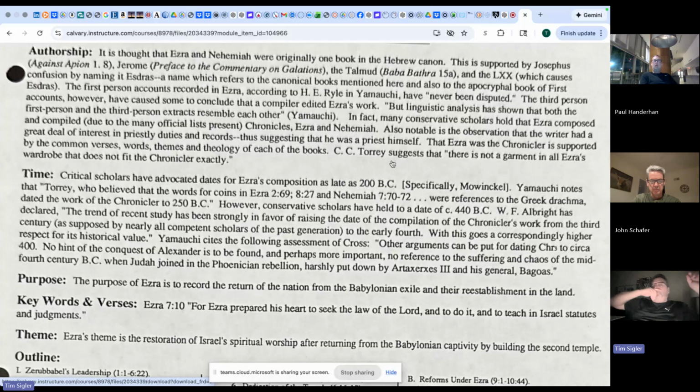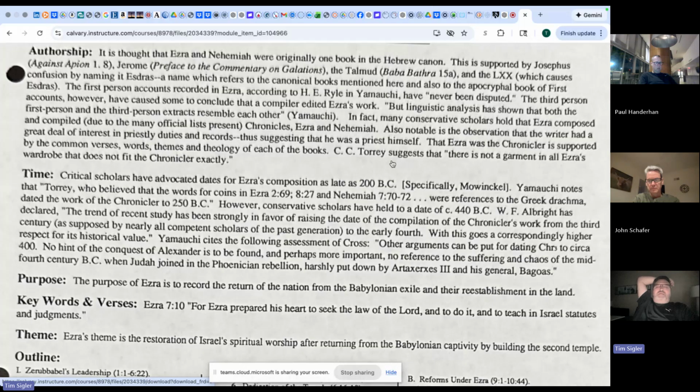the overwhelming conservative opinion is, hey, look, Ezra, he's a real person, just like Adam, Eve, Abraham. I mean, going back further, Noah. I mean, we're taking these people as real people. And of course, we have no doubt that Ezra is a real person. Nehemiah is a real person.